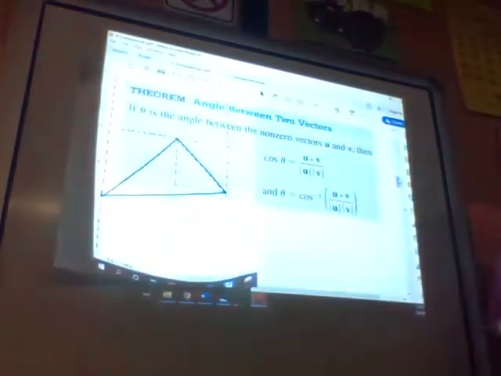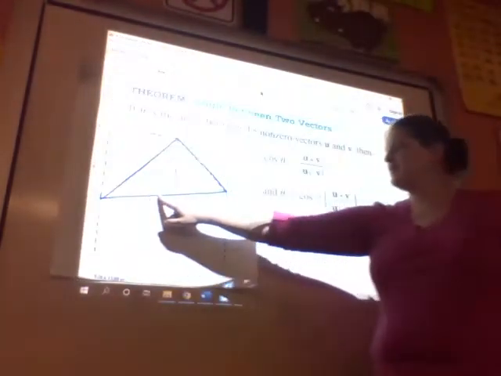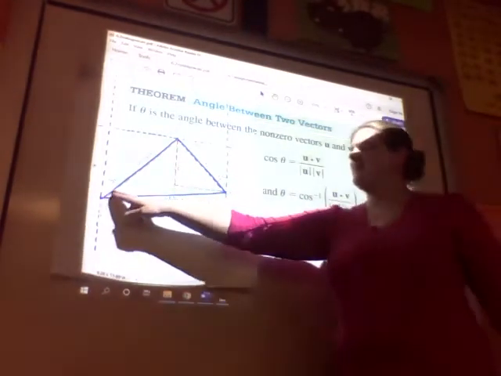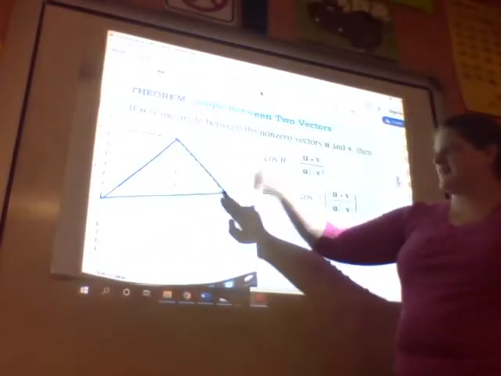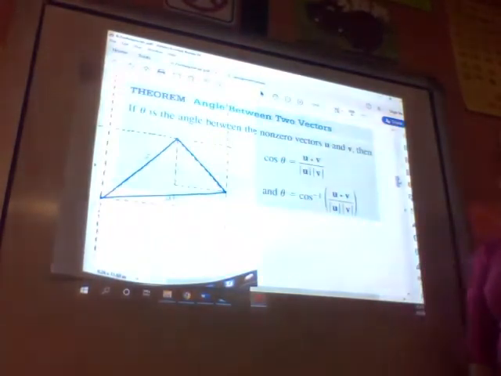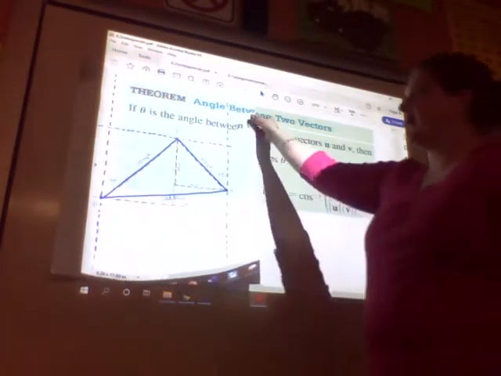And so the idea is that I actually wanted to find this length, because then I would know the speed. And in order to do that, it would have been really helpful if I could have taken this vector and found the angle between them. Because then I could have used the law of sines or the law of cosines. But I couldn't, so I had to do it a different way.